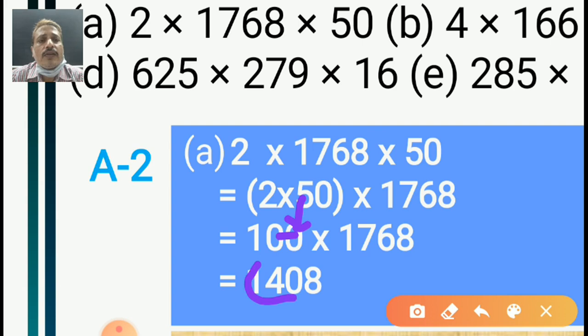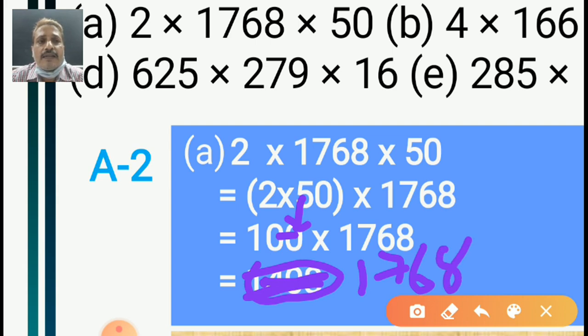So here is the wrong answer, student. I brought a purposefully wrong answer. So what will be here? Yes, my dear student, this is the wrong answer. You can write here 1768. And how many zeros do you have to add, students? Yes, 2 more zeros are there. Very good, student. Keep it up.